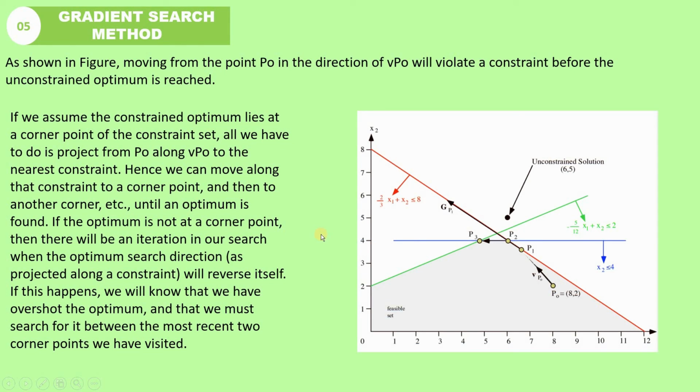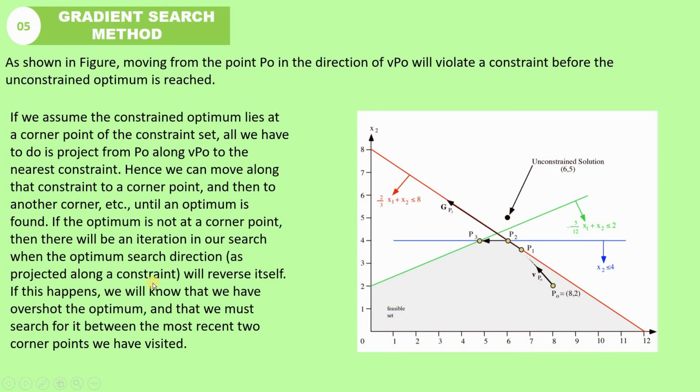If the optimum is not a corner point, then there will be an iteration in our search, when the search direction as projected along the constraint will reverse itself. If there are no further corner points, it will just go in reverse and find another corner point.